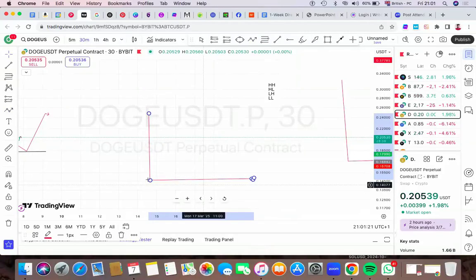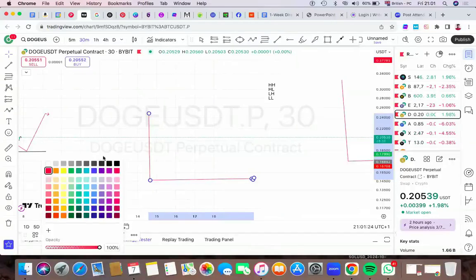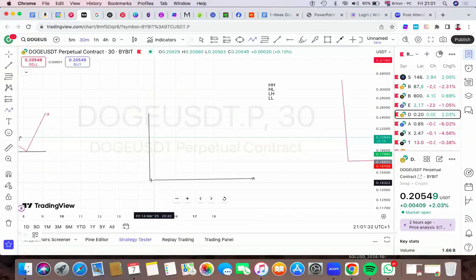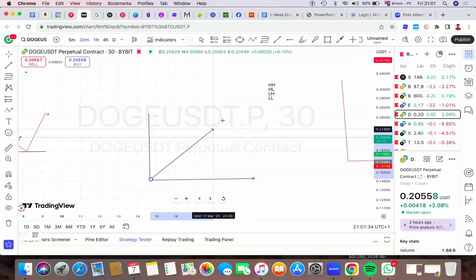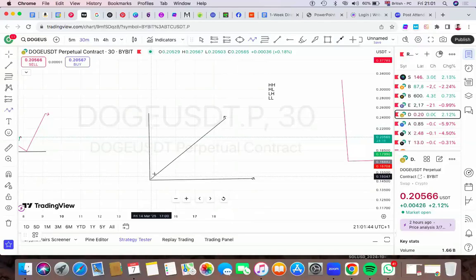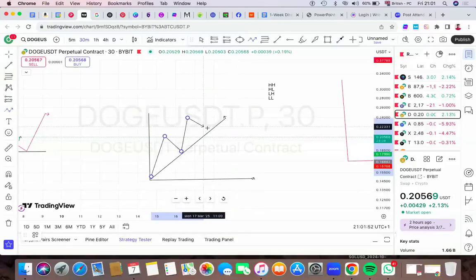So here, from this to this, and then what we would see is this, and then we have something like this. Now we have this.